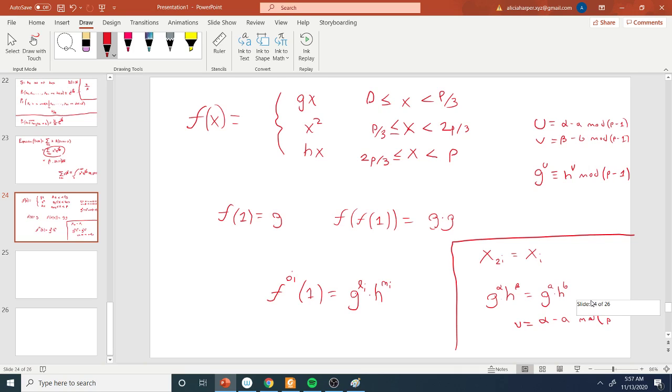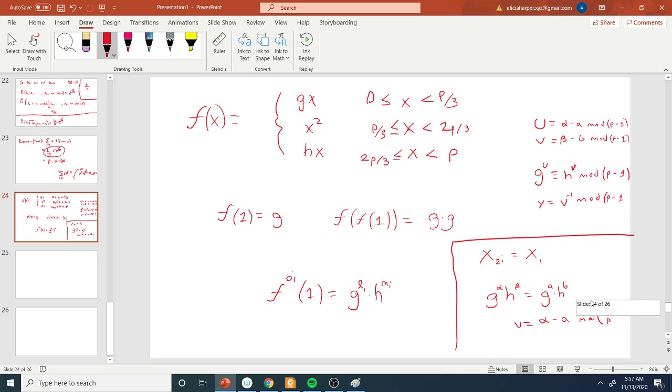Now once you have this, you're in a very good position, because all you have to do is compute that, say, y is equal to v inverse mod p minus 1.